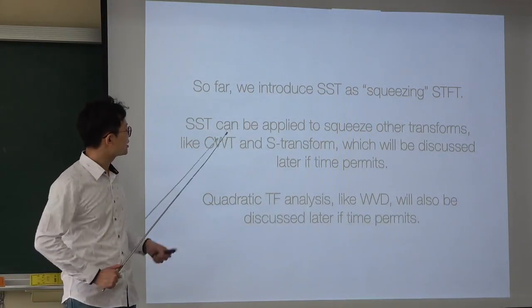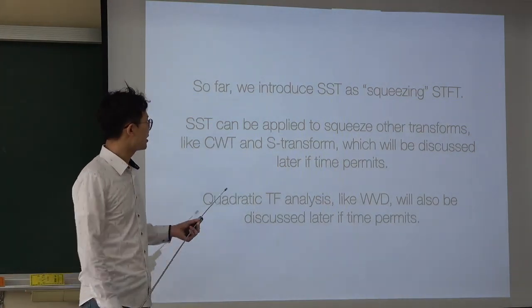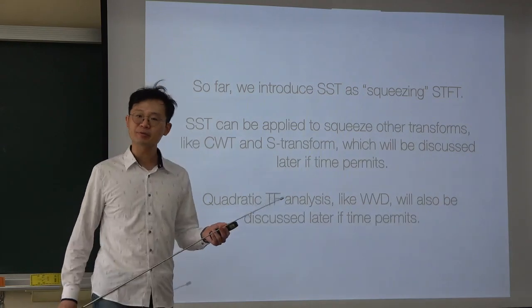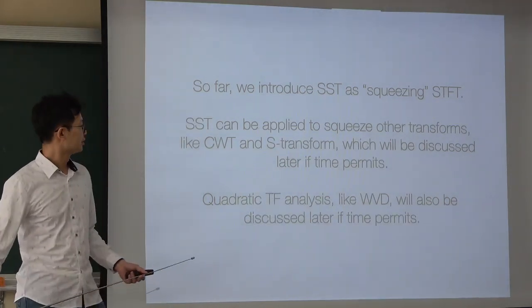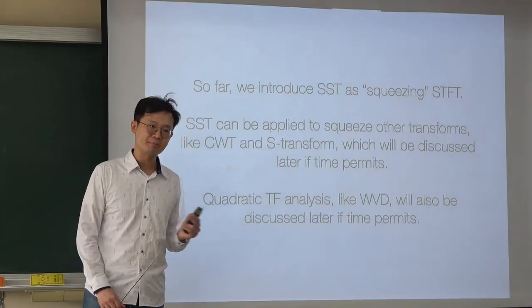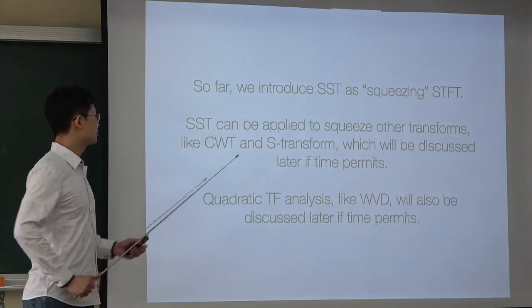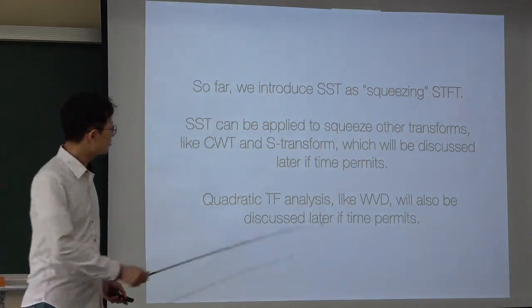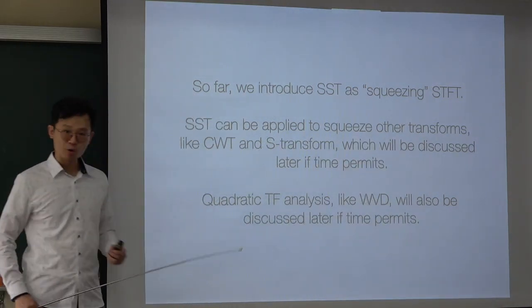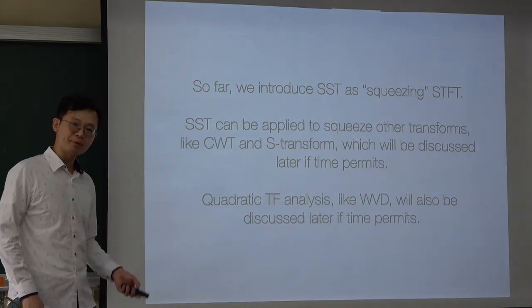However, synchrosqueezing can actually be applied to squeeze other transforms, like the continuous wavelet transform, S transform, etc. But we will discuss it later if time permits. And also we will discuss quadratic time frequency analysis, like the Wigner-Ville distribution, or Cohen classes, or affine classes, and so on, if time permits.